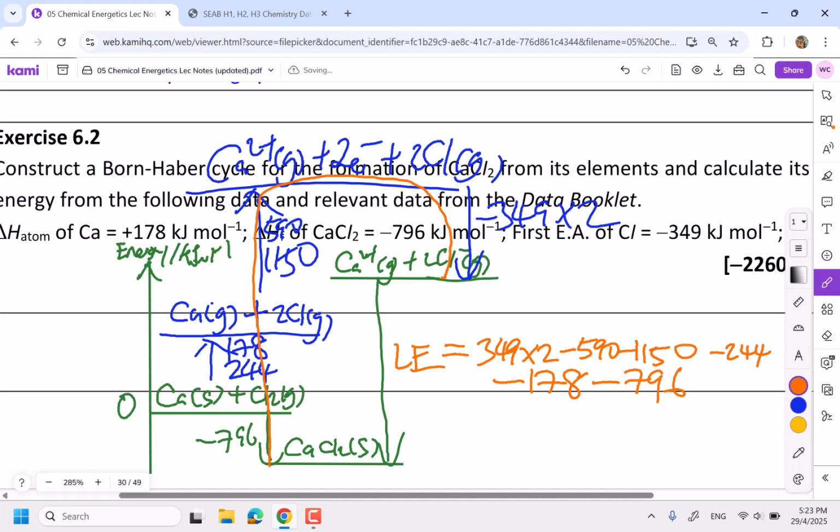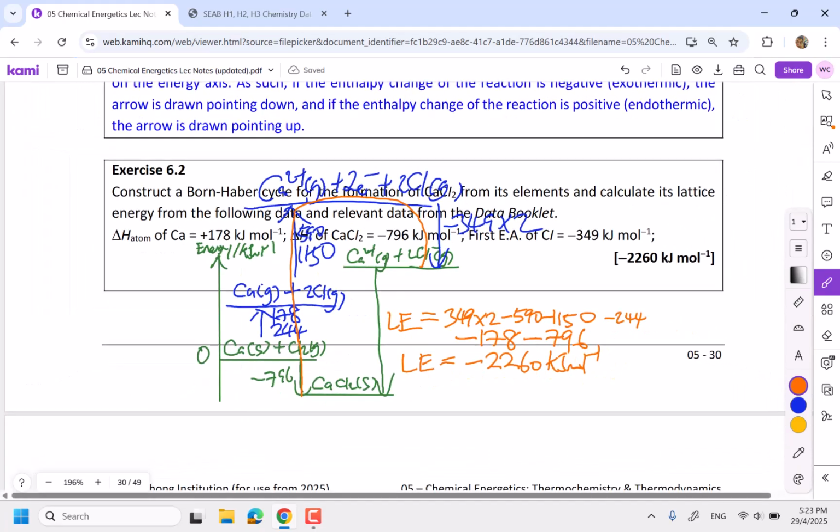Alright, then I'm going to punch my calculator. So therefore lattice energy is equal to negative 2260 kilojoules per mole. I hope you get the rough intuition in drawing the Born-Haber cycle.